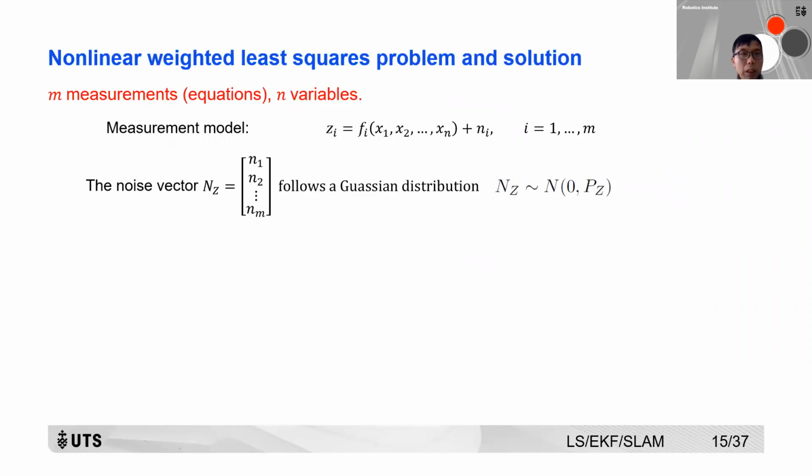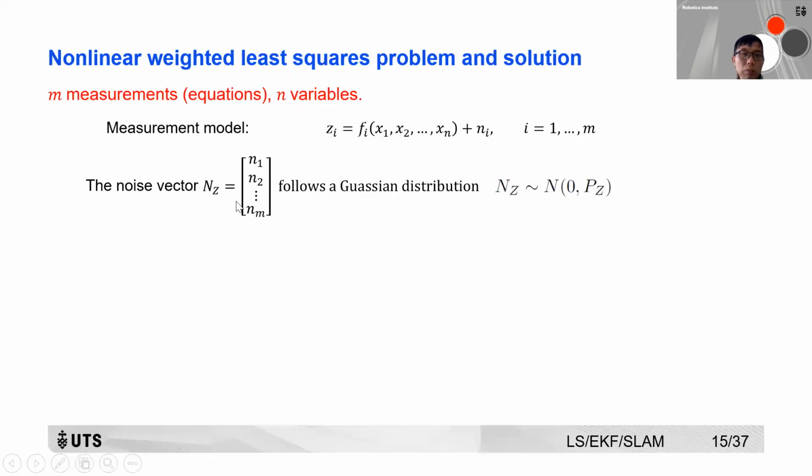Now the general case is the nonlinear weighted least square problem. And for the nonlinear weighted least square problem, we have M measurements. The functions are all nonlinear, and we have noise. And we assume the noise follows a Gaussian distribution.